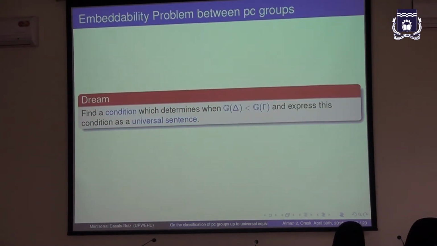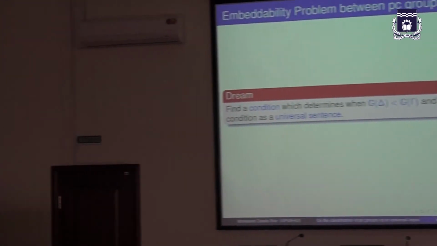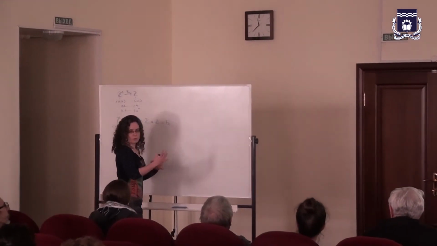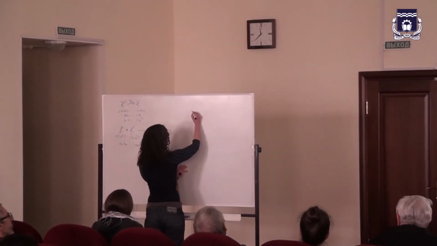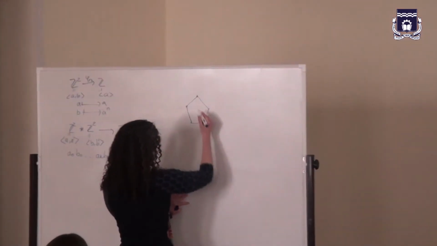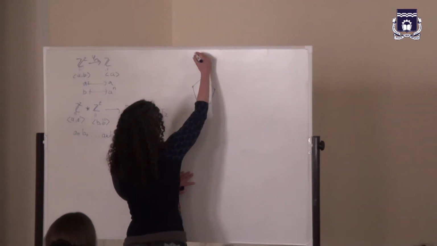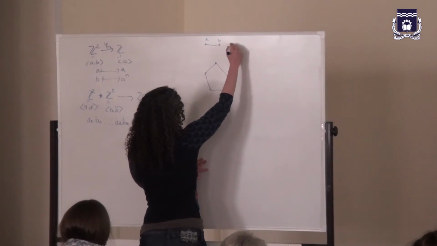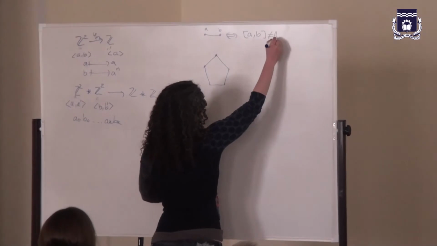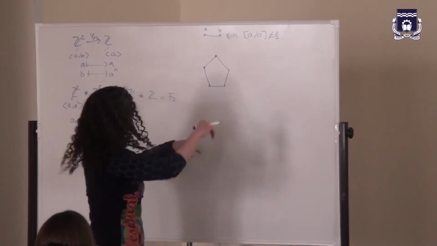So again, I would like you to have a feeling of what's going to happen next, so that it doesn't look really strange, and I want you to practice a little bit what the embeddings are. Okay, I'm going to give you groups, and now to confuse you a little bit more, I'm changing the convention. So if you see an H now, I want you to think that they do not commute. I'm changing convention, because I know that I'm going to have too many H's.